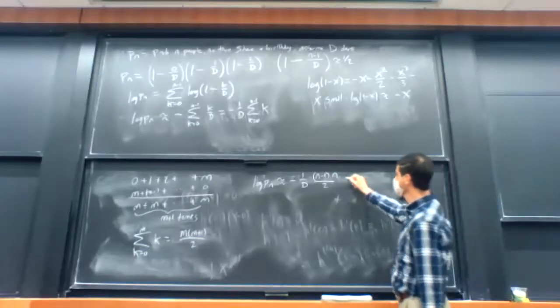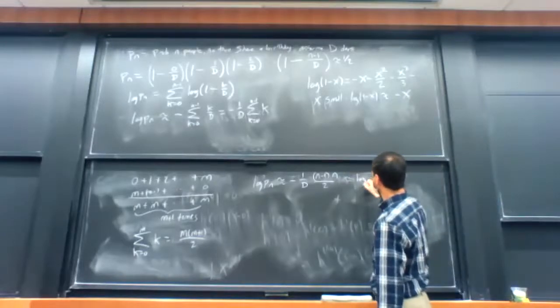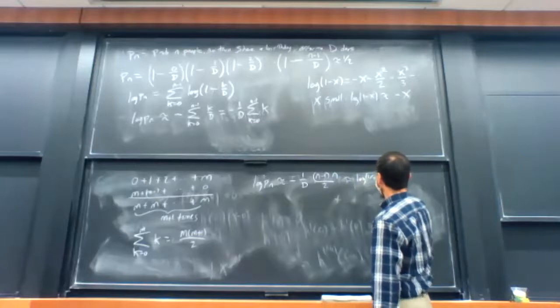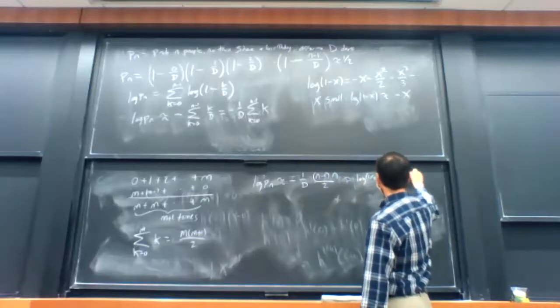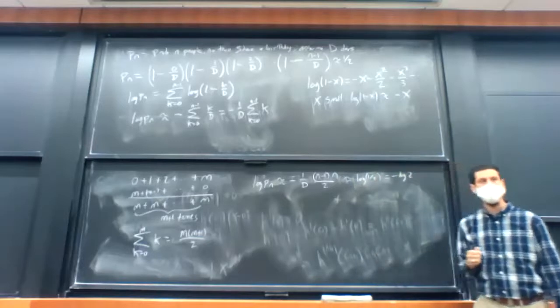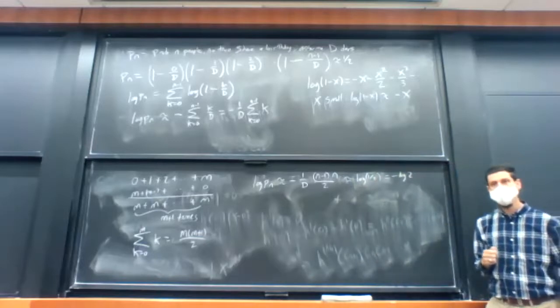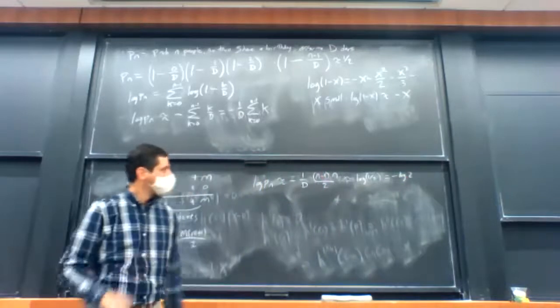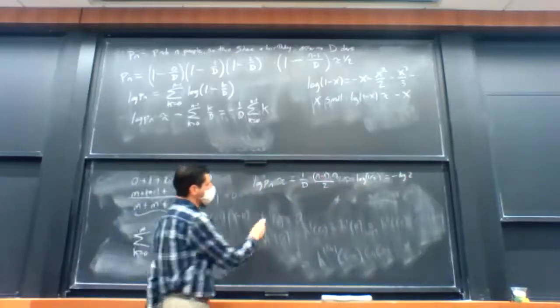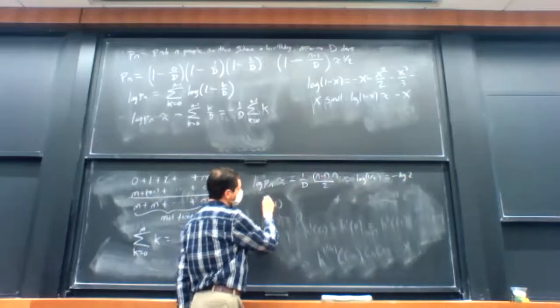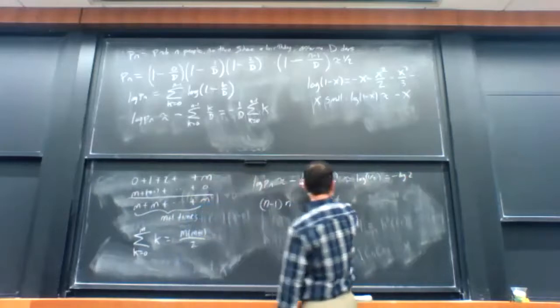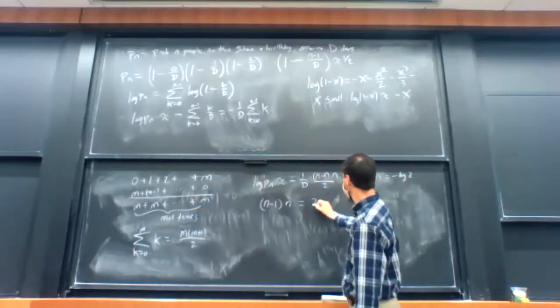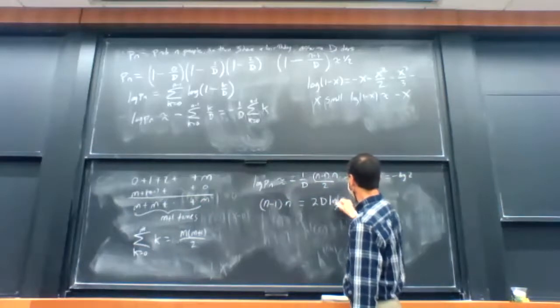And this is basically the log of 1/2, which is negative log 2. The log of 2 to the negative 1 is negative 1 log 2. Okay, so we get n minus 1 times n, the minus signs cancel, equals 2d log 2.